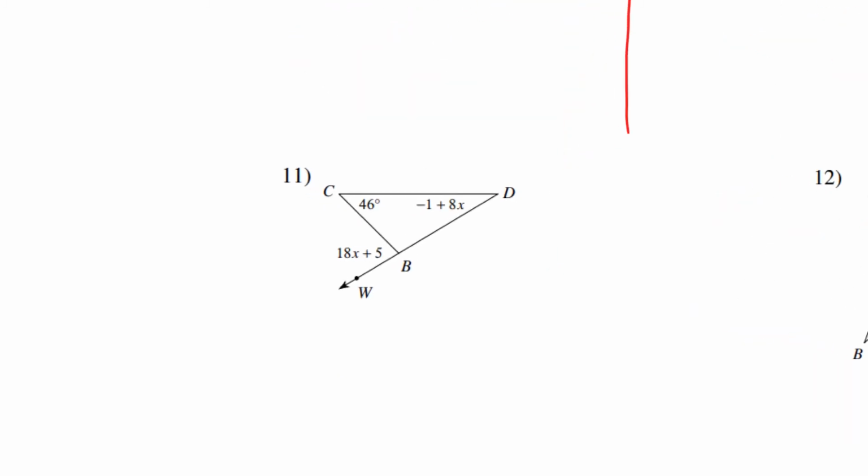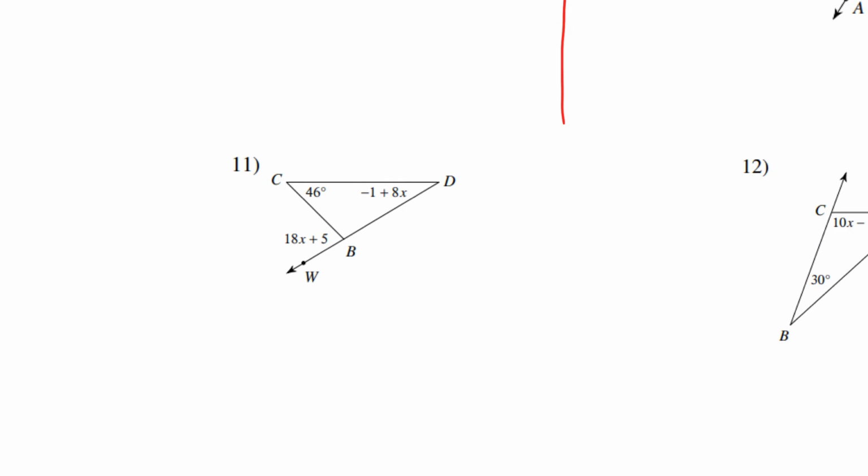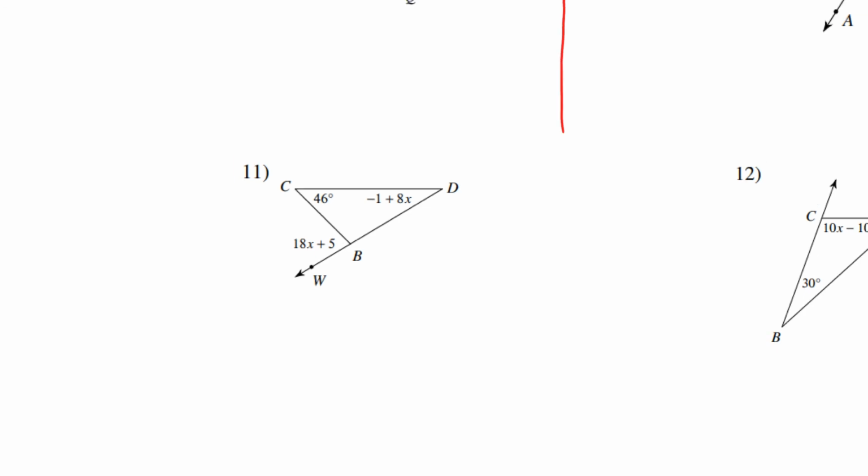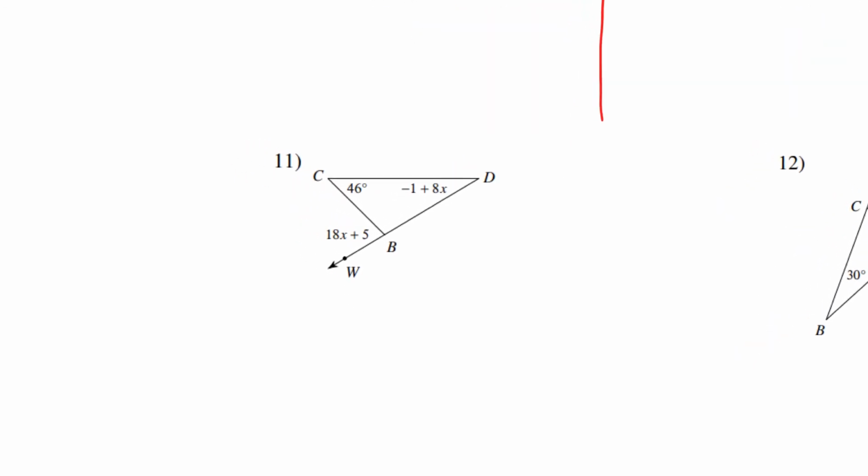All right, and then like the number 11 there, how would we set up number 11? 3x equals 90. Okay, this number 11 right here, oh, on the other page. Negative 1 plus 8x plus 46 equals 18x plus 5. Yep, yeah, that'll work.